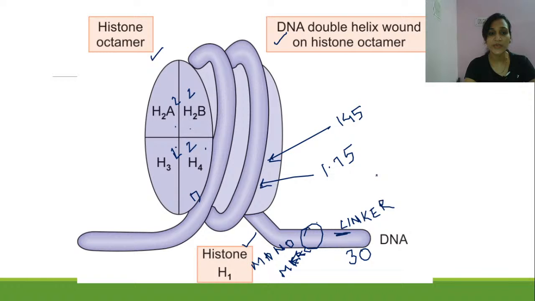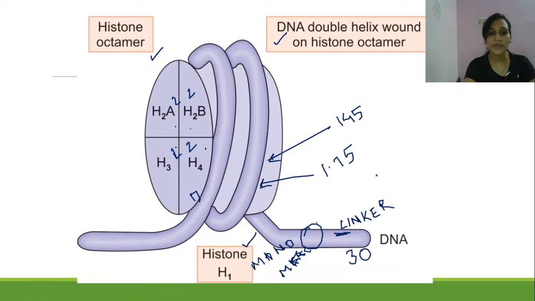This is the core histone and it is made up of H2A, H2B, H3 and H4. They form histone octamer. H3 and H4 form a tetramer and H2A and H2B form dimers.